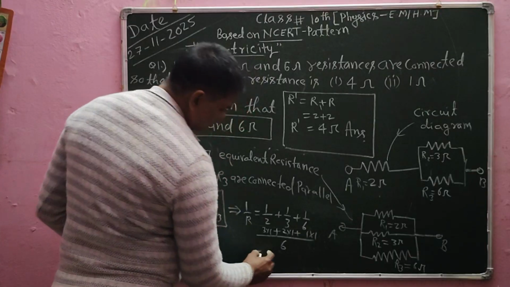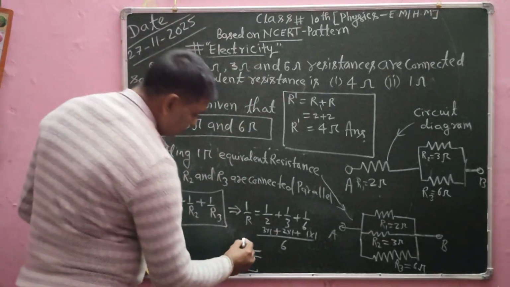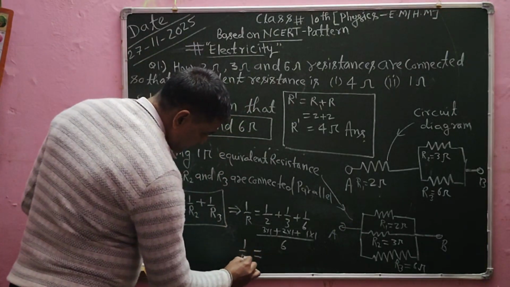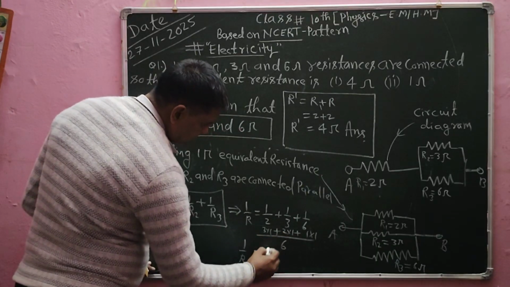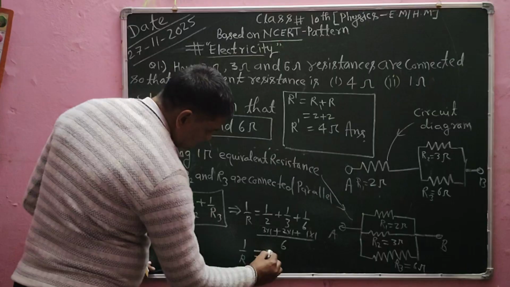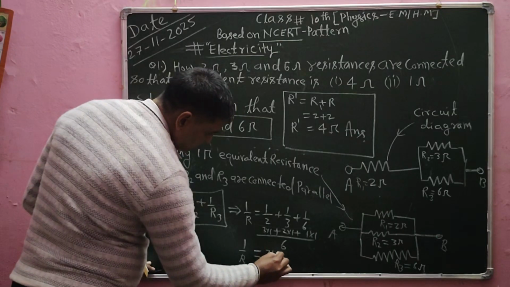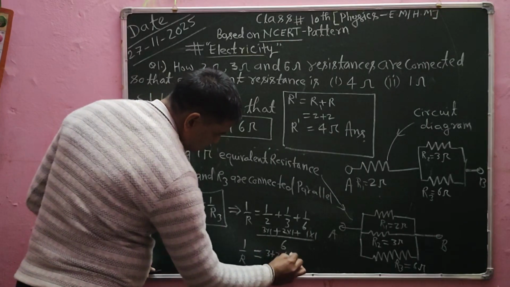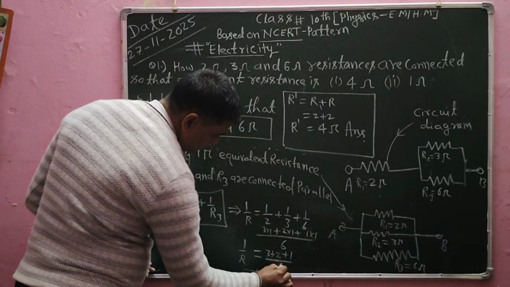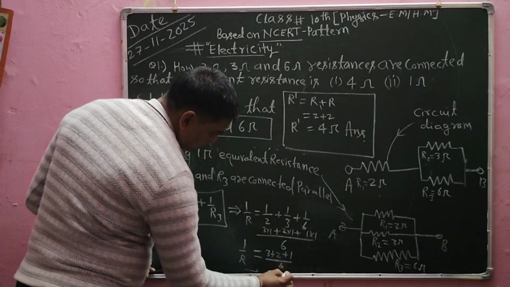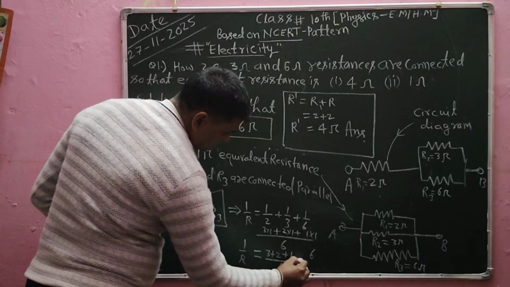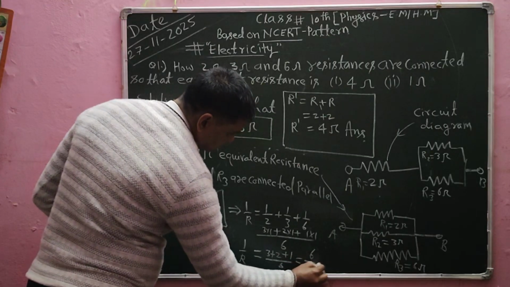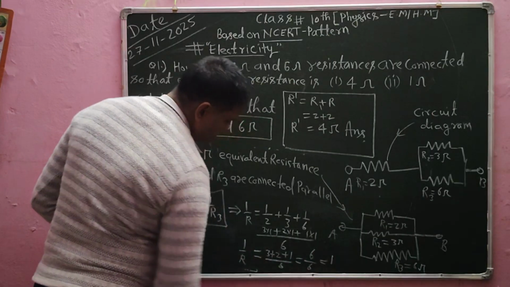So after simplification 1 by R is equal to 3 plus 2 plus 1 divided by 6, that is 6 divided by 6, which is equal to 1.